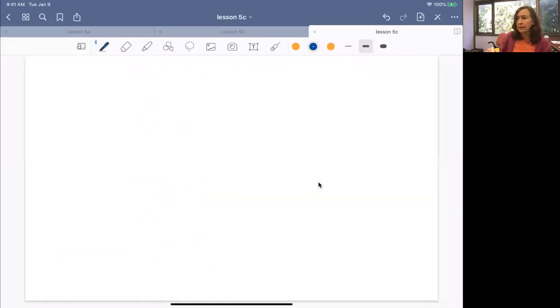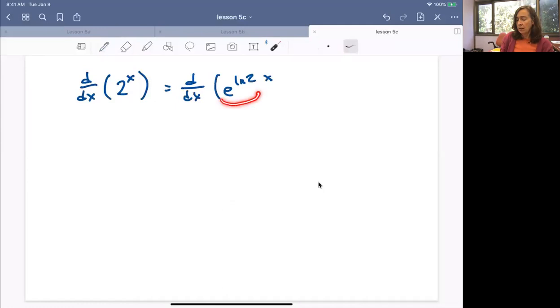So let's just do a quick example on the exponential function. One thing we could do with the chain rule version of it is take the derivative of some other base raised to the power x. So if we had a function like 2 to the x power, we could just do what we were doing in the previous unit and rewrite 2 as e to the log 2, times x. So here's our 2, and we're still raising it to the x power, just using those rules of exponents.